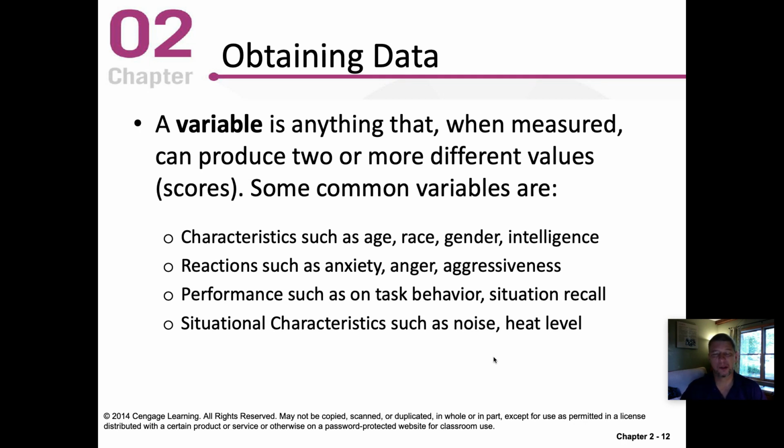Performance on certain behaviors, your ability to recall certain facts or certain things, a quiz or a test is an example of that sort of thing. The variable that you would measure would obviously be the score on the test. And finally, situational characteristics, the environment around you, the amount of noise, the amount of heat, in other words, the temperature of the room.